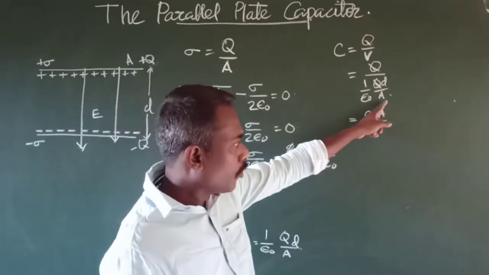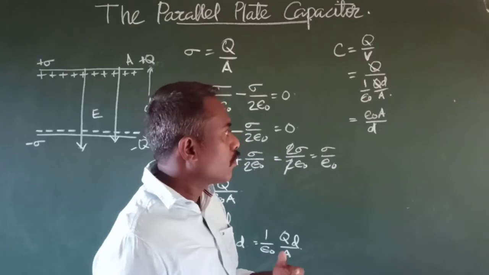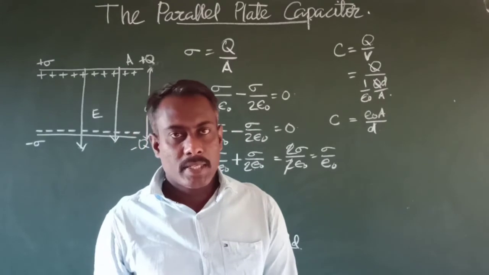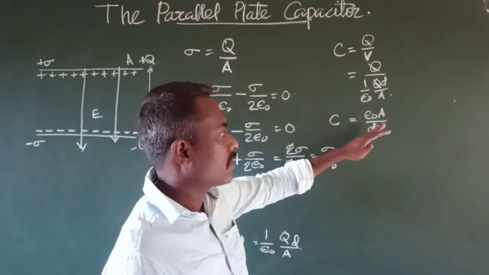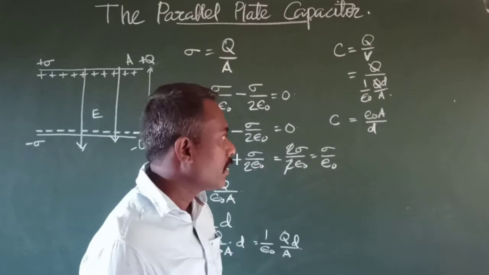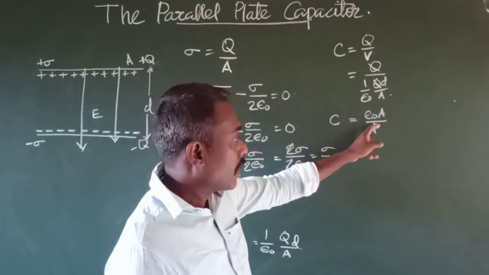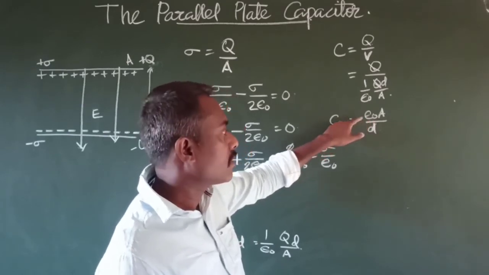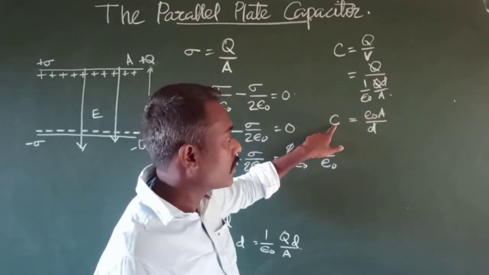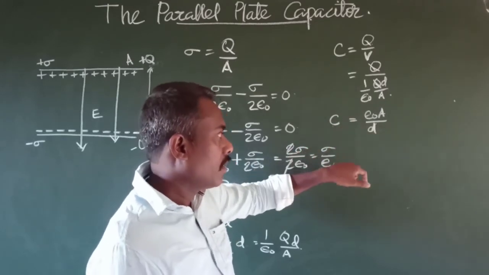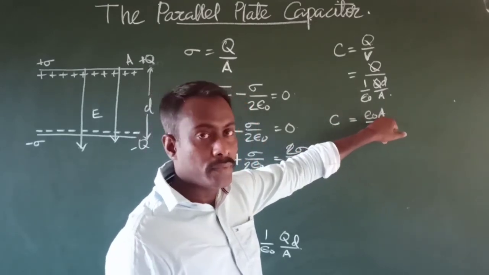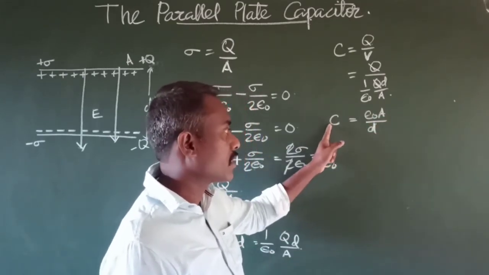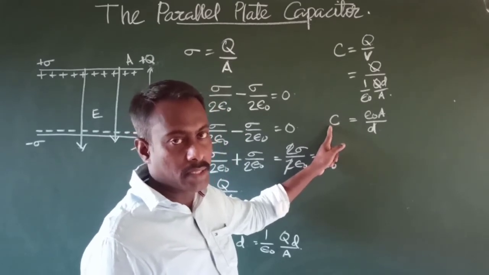If we observe this equation keenly, what factors affect the capacitance of a parallel plate capacitor? As the value of electrical permittivity increases, the capacitance of the conductor will also increase. The area of the conductors is also directly proportional to the capacitance of the parallel plate capacitor.